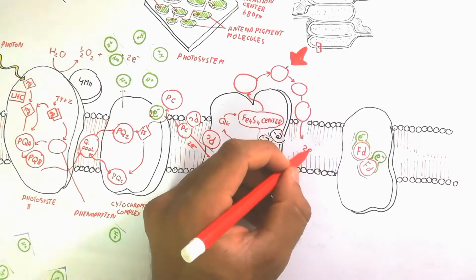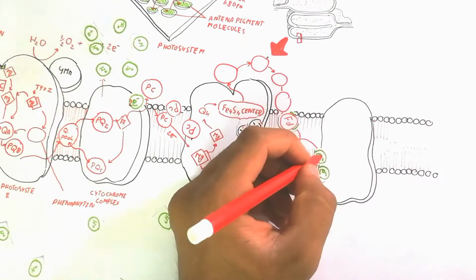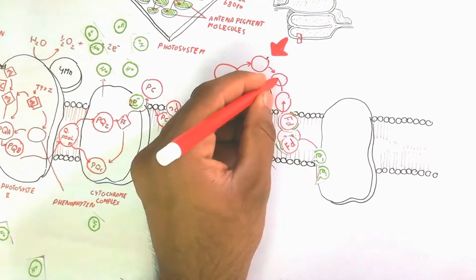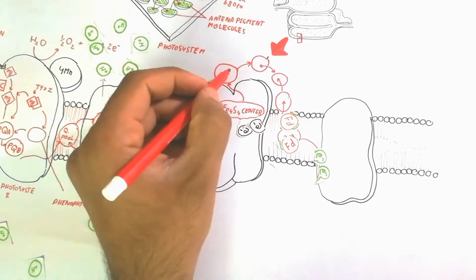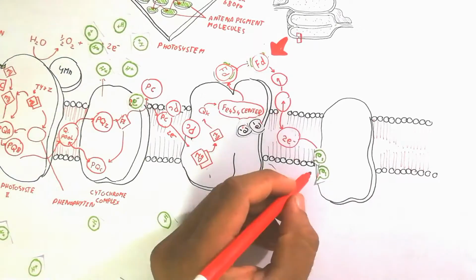Here is photosystem 1, which accepts the electron, and next it goes into the FAD mononucleotide, and ultimately ferredoxin goes back again. Then the electron is accepted by the NADP+ reductase enzyme.